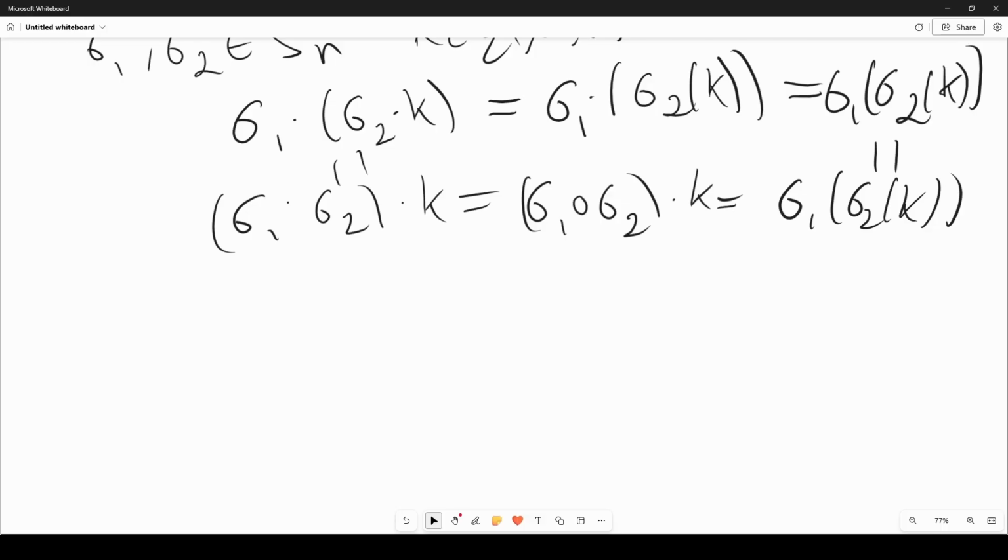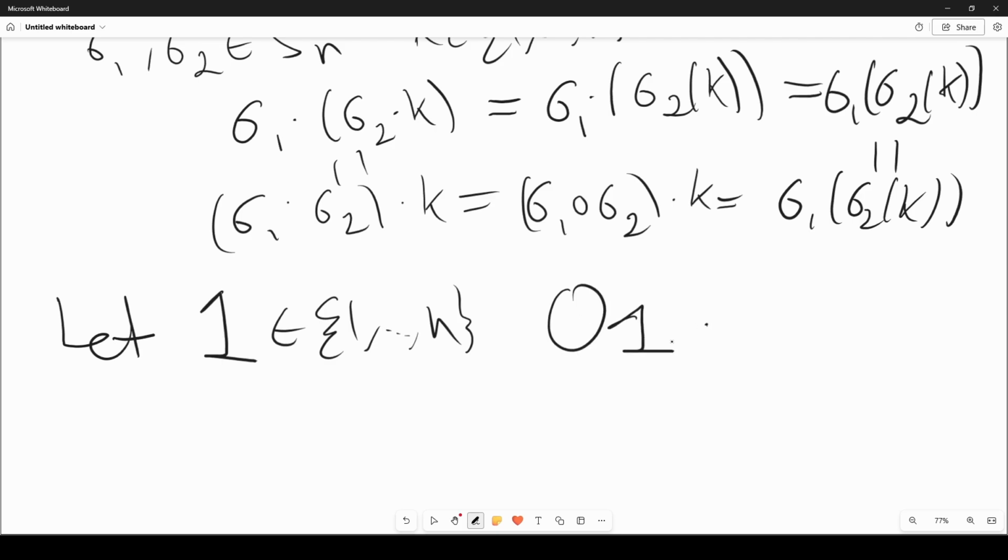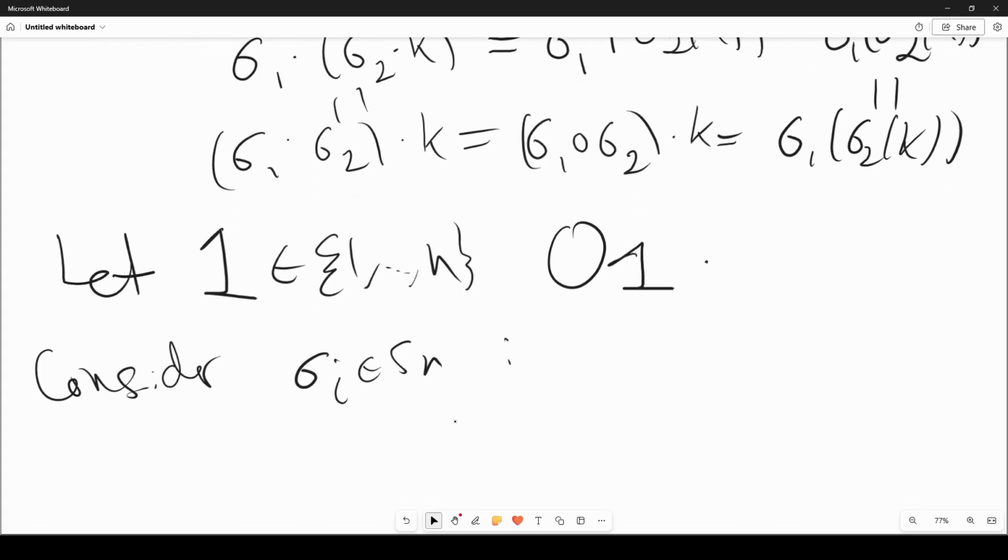Let's see if we can identify what the orbits and stabilizers are of some elements. So let's consider k equals 1 in 1 to n. And we want to find the orbit O of 1. So consider this permutation in Sn, where we define sigma I to be like this.